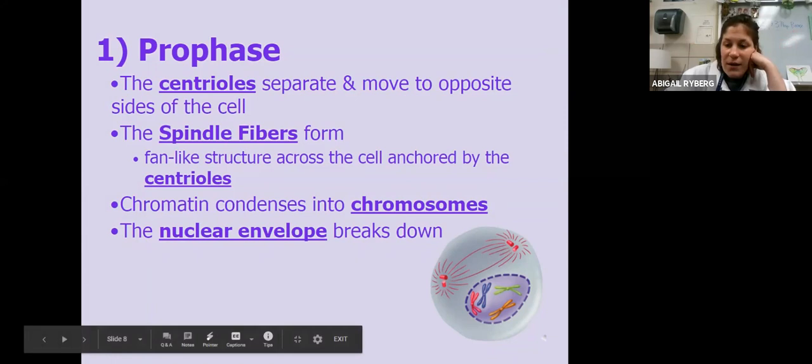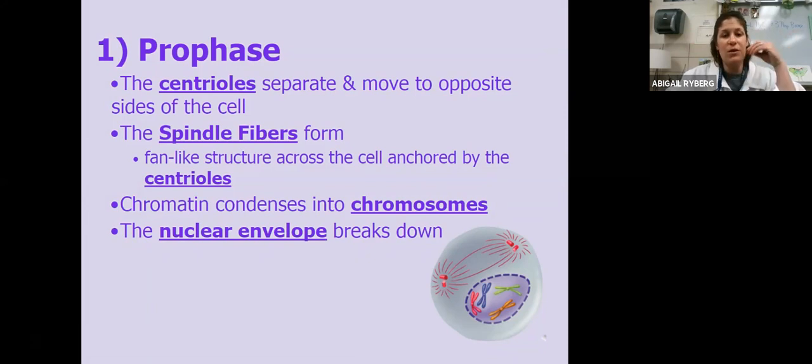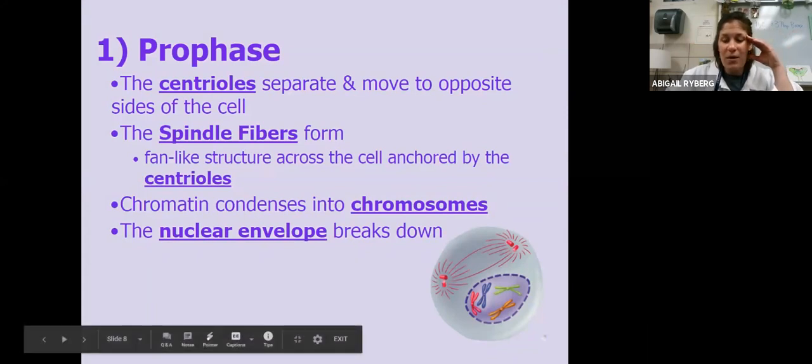So if you look here, this dark purpley line normally would be solid, and that would be representing the nuclear envelope. You can see now that it's a dotted line, because it's representing the fact that it's starting to get broken down and dissolving away.